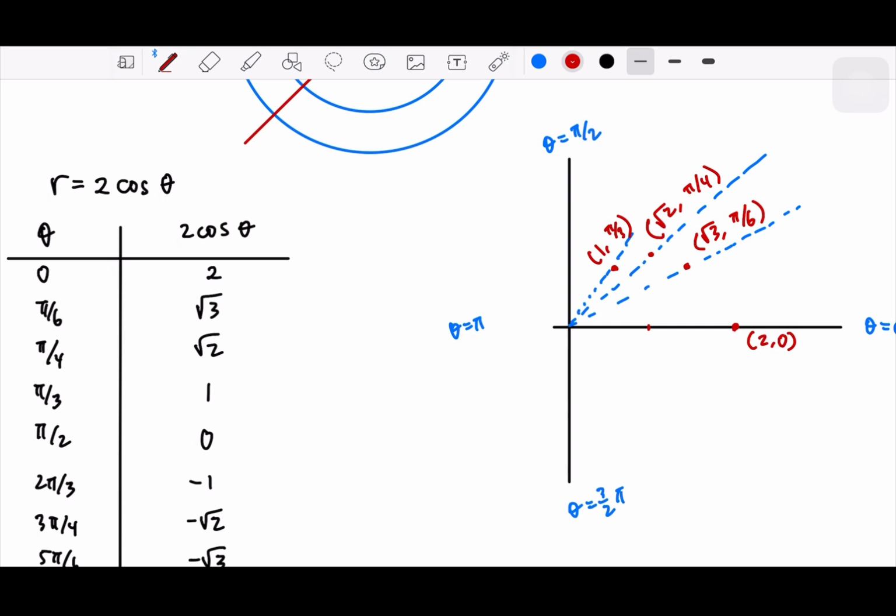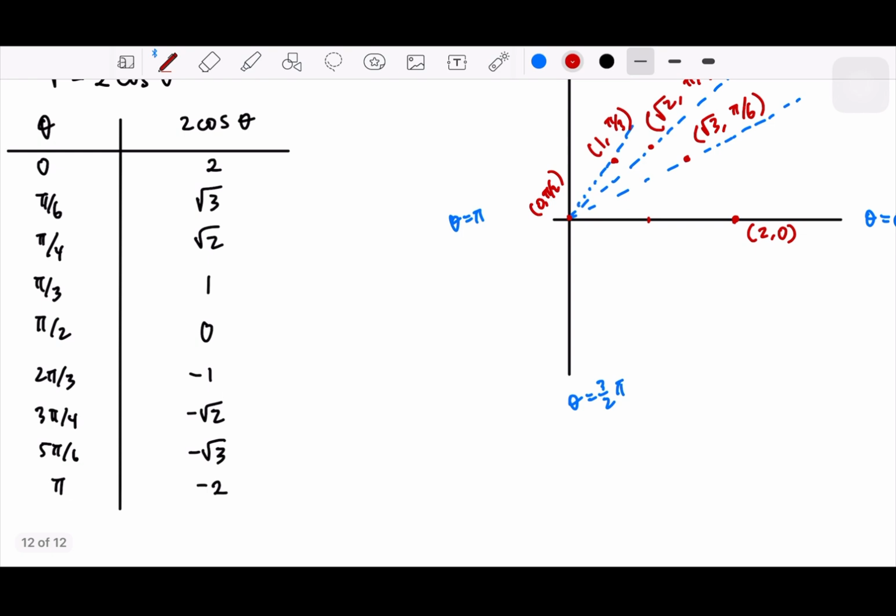And then at pi over 2, it will go into 0. And then we get into the negative. Negative 1 at 2 pi over 3. 2 pi over 3 is going about here, right?